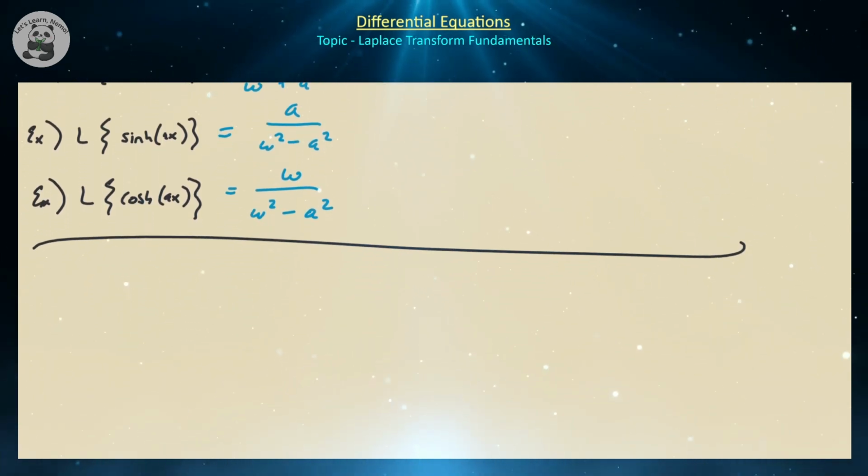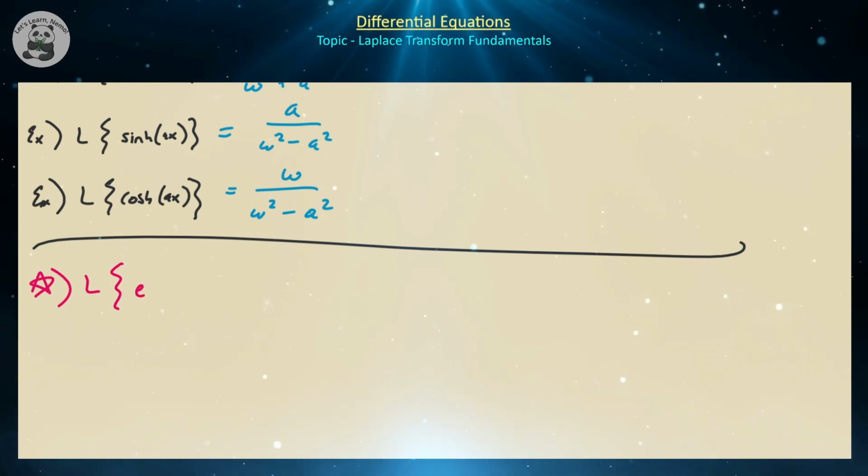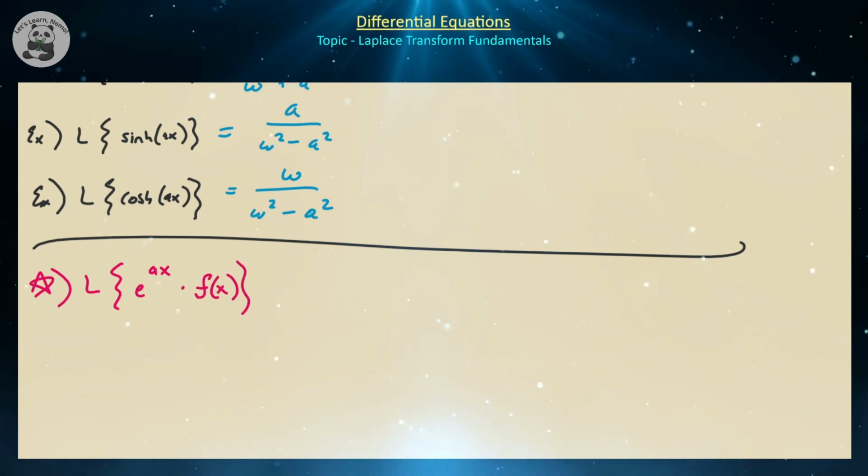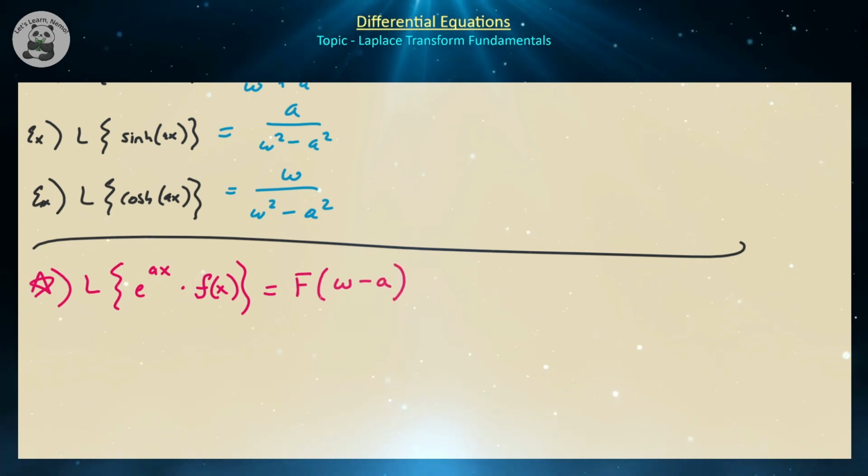Now, one super theorem is going to be the following, and that is the Laplace transform of the product of two functions, in particular e to the ax times some function of x, is going to be equal to the Laplace transform of f, but instead of evaluated at omega, it's going to be shifted to the right by a units.